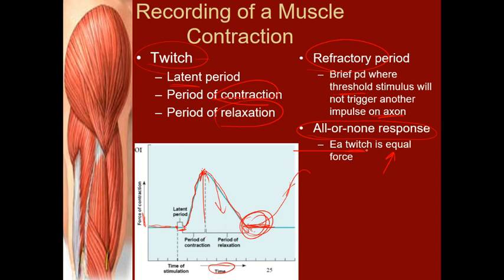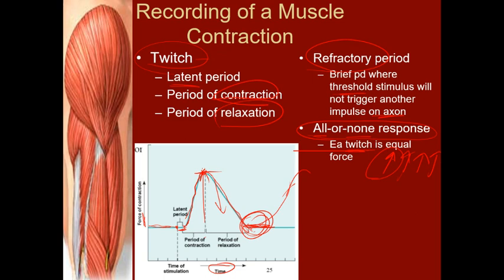The only way I can get more work is if I recruit more fibers. So if I want more force, I get a whole bunch of fibers. If I want less force, I just tell a few fibers to do it. But each fiber is going to have the same force. It's going to have the same amount of information that's being sent. Does that make sense? It either does it or it doesn't do it, all or none. It doesn't do it more or less just because I want it to.